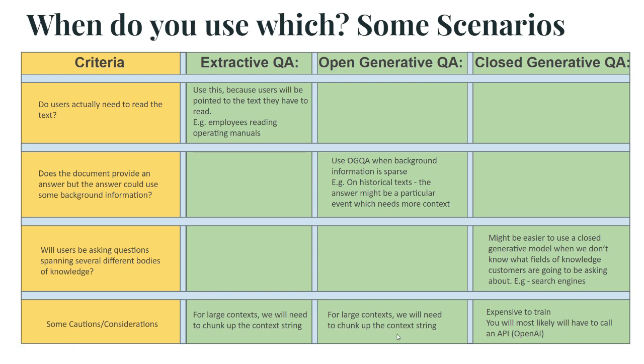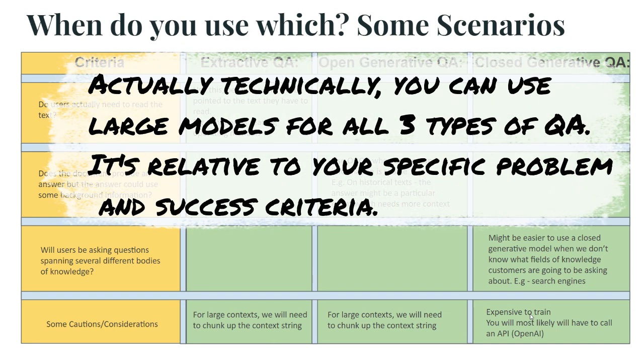And then, you have some considerations here. Extractive QA and open generative QA are going to be using the context string that's provided, the background information. So if there's a lot of background information provided, you're going to have to chunk that up. I'll go over that in a later lecture, but basically it's going to add complexity to your design. Then you have closed generative QA. These models are going to be larger, and more expensive to train.